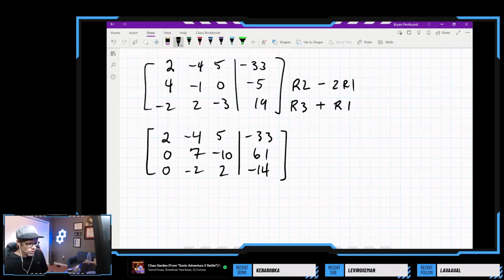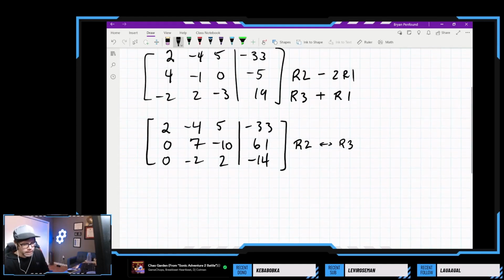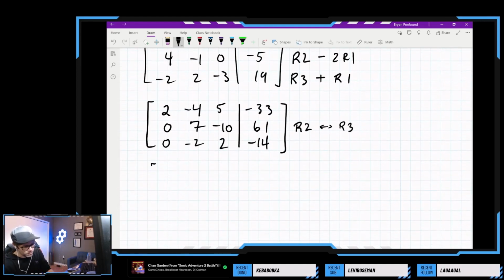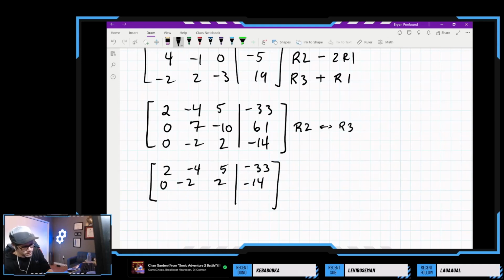Now, I don't really want to take row 2 and divide by 7. So what I'm probably going to do is swap row 2 and row 3 so that I can divide that third row by -2 to get a leading one that I need in order to get my reduced echelon form. I'm really just trying to prevent having to use fractions. That's really the key in this particular question. So let's swap those 2 rows, -14, and we get 0, 7, -10, and 61.